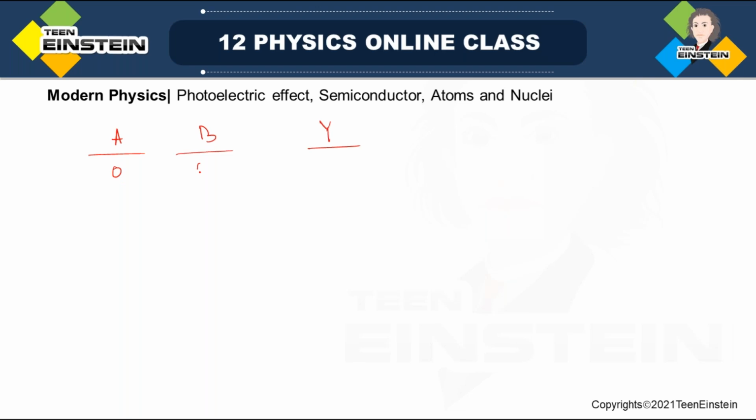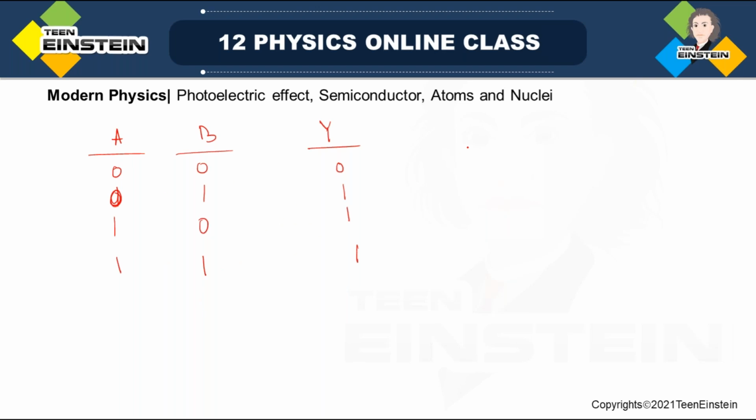So when it is 0, 0, this is 0. Sorry, 0, 1. This is 1. Again 1, 0, 1. Then 1, 1. Also 1.